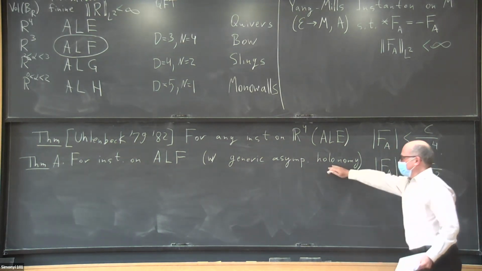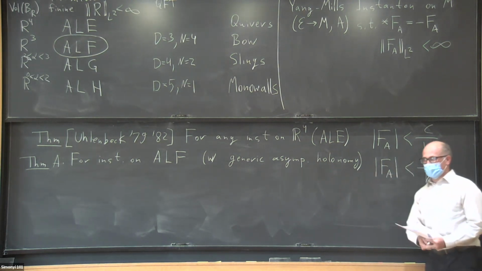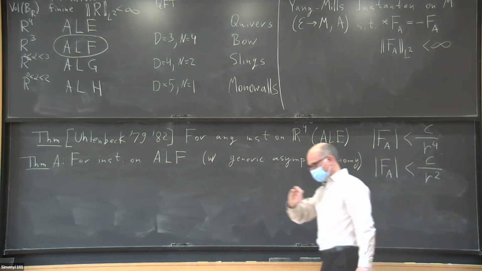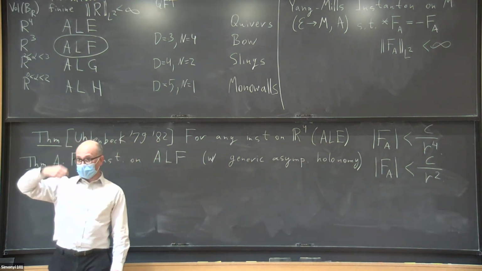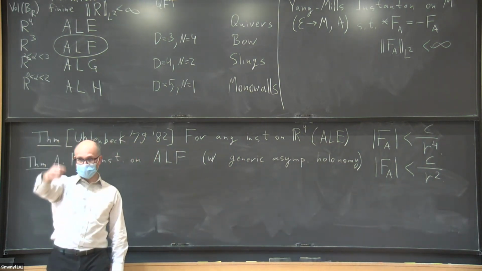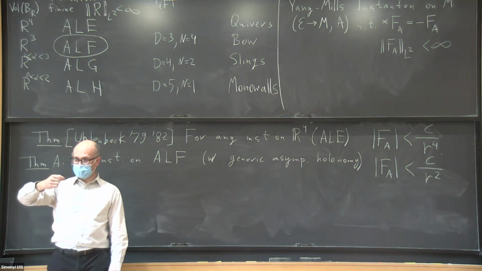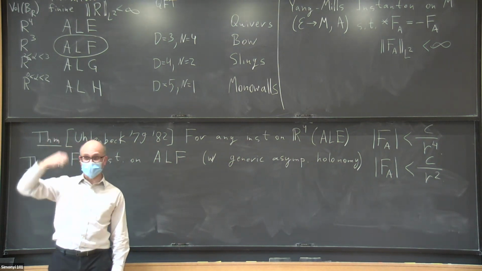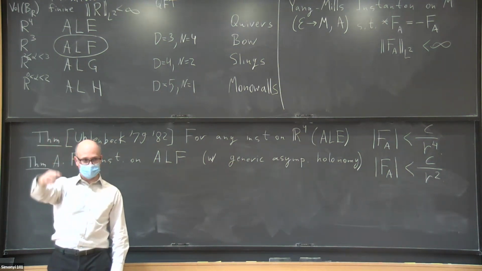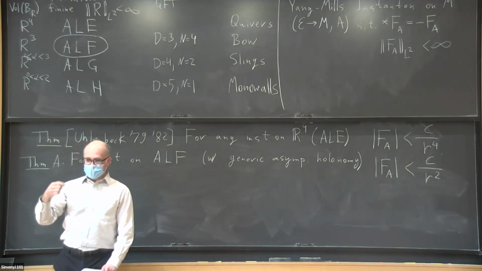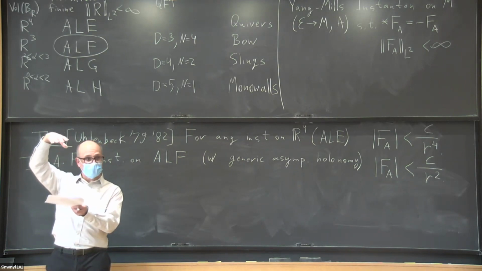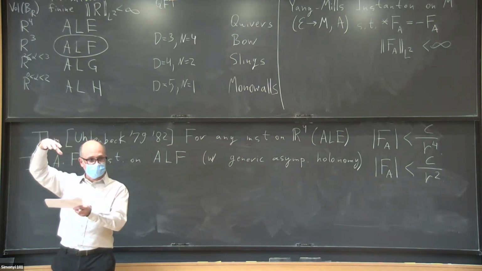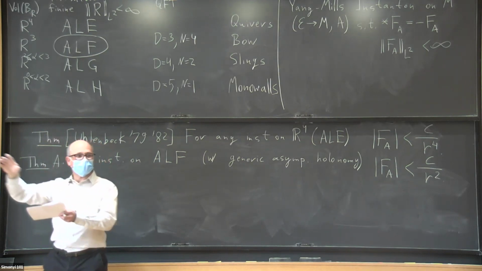Let me explain what generic asymptotic holonomy is. When you move very far in the base R3, there is a circle over that point. In particular, you can look at the holonomy of the connection around that circle, around the phi direction. What we presume is that that holonomy, or the conjugacy class of that holonomy, has a limit if we move in at least one direction in R3.